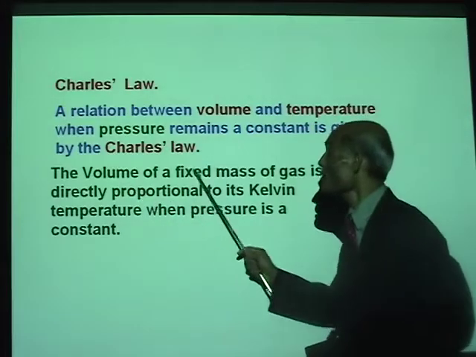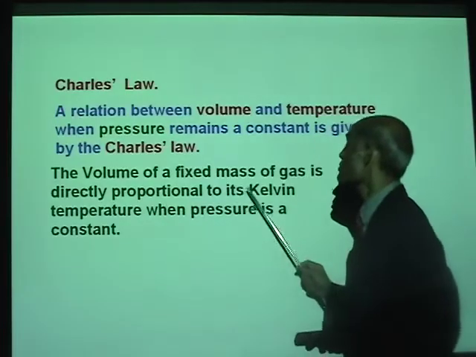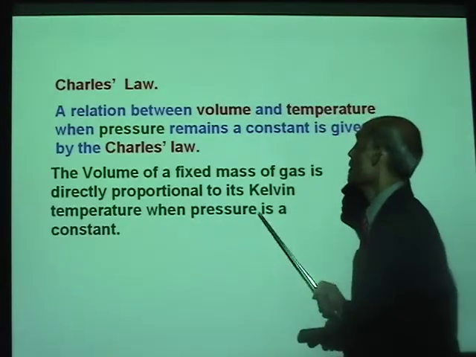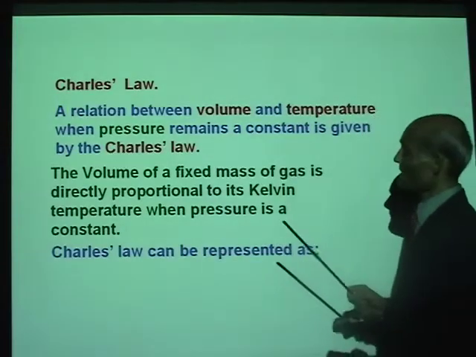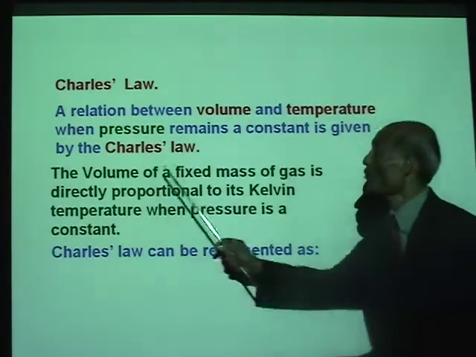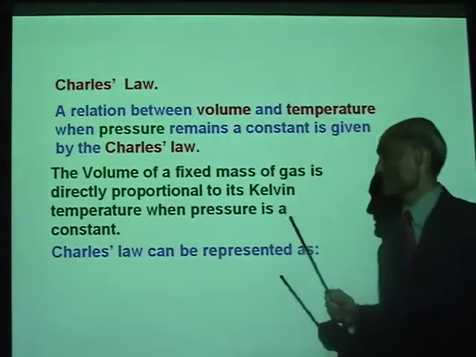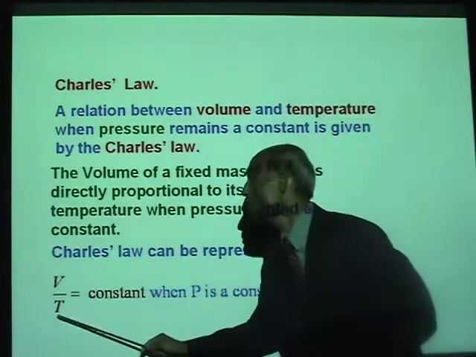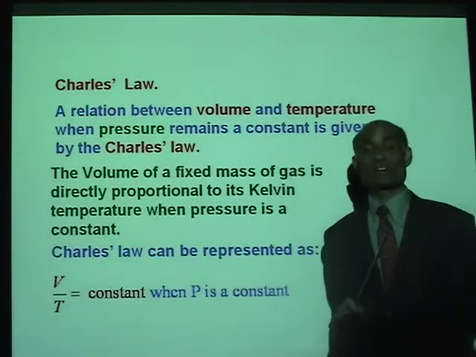It says the volume of a fixed mass of gas is directly proportional to its Kelvin temperature when pressure is a constant. Well, we can write it like this. Volume is directly proportional to the Kelvin temperature. That means V over T is a constant when P is a constant.